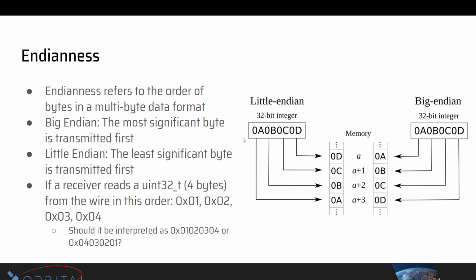With big endian, you have the most significant byte transmitted first, and with little endian, you have the least significant byte transmitted first.